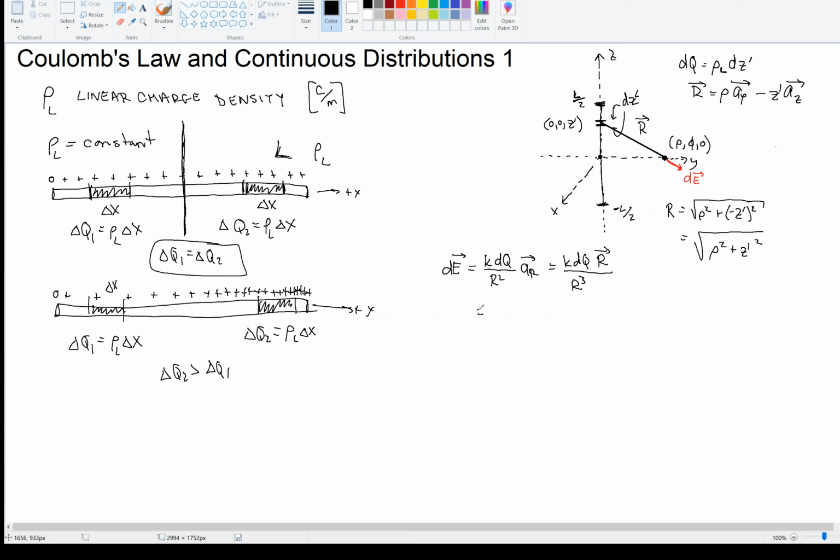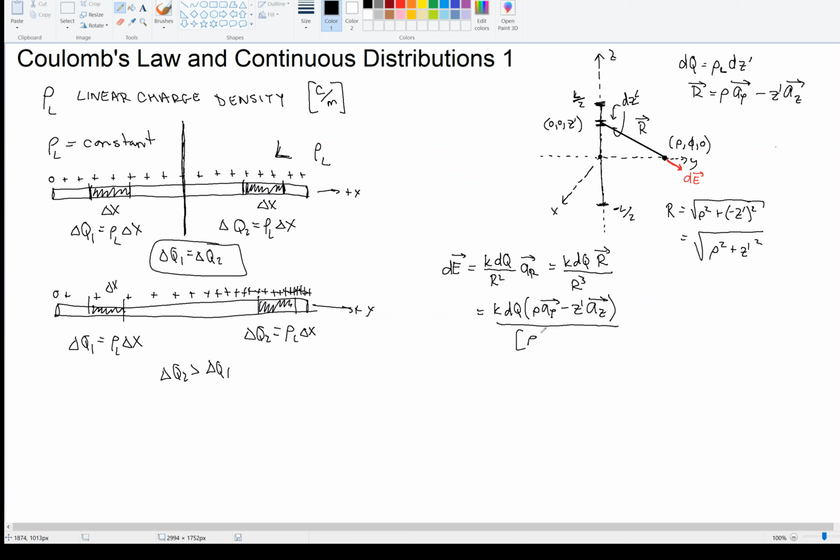So in cylindrical coordinates, this is k dq times r, which we've already said is rho a_rho minus z prime a_z, over the distance, which is rho squared plus z prime squared to the 1/2, and when you cube it, you've got it to the 3/2 power.